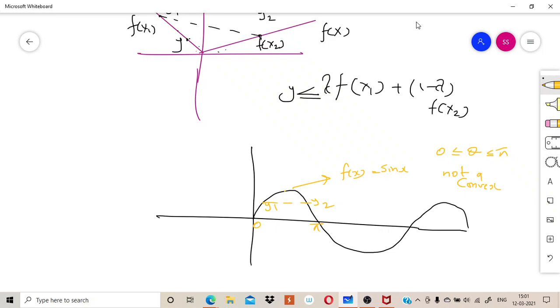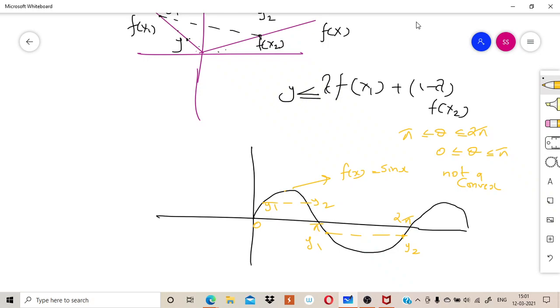Now if you consider pi to 2 pi of the same sinusoidal waveform, and if you consider any pair of arbitrary points y1 and y2 in this range, pi less than or equal to theta less than or equal to 2 pi, and if you join these two points, you will get a line segment, and this line segment will always lie above the sin x graph between y1 and y2.